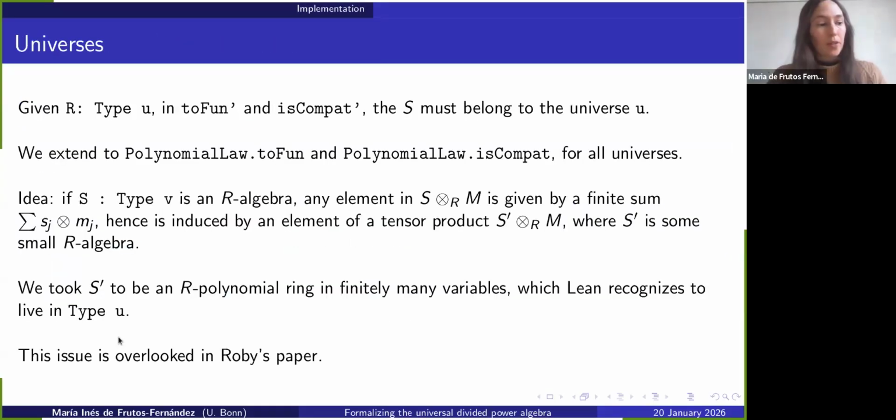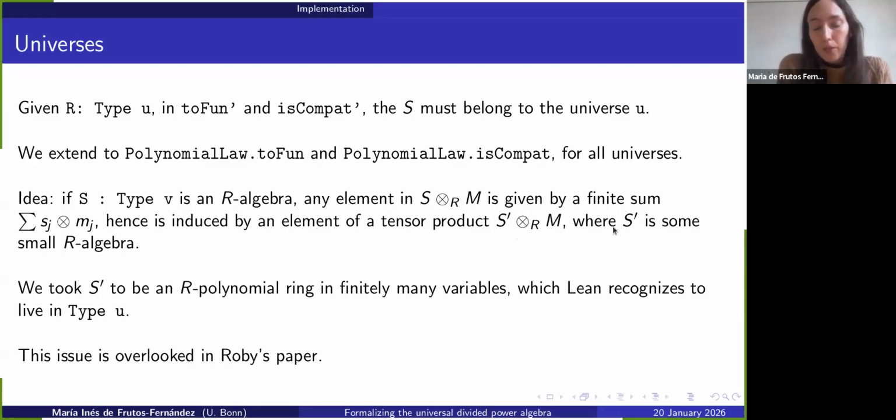But then later we can use some argument to actually generalize this to any R algebra living in some other universe V. The argument that we use is that any element in S tensor M is going to be given by a finite sum of elements of the form Sj tensor Mj. So that means that this is induced by some element in some smaller S prime tensor M, where S prime is some smaller algebra.